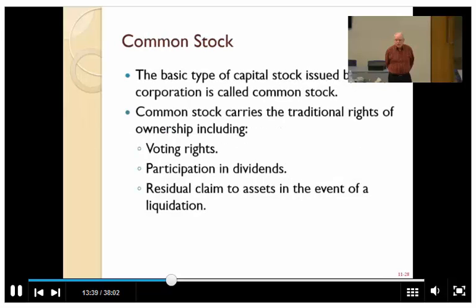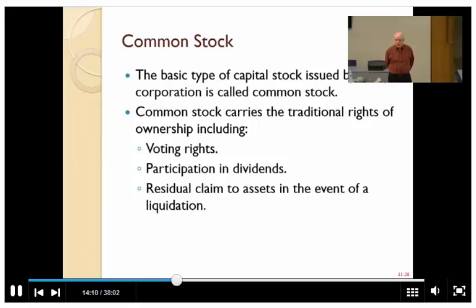Okay, now with common stock, the common stockholders are the owners of the corporation. They're entitled to vote on the slate of directors that is put up. The board of directors theoretically represents the stockholders. They're allowed to participate in dividends based on their percentage of ownership.